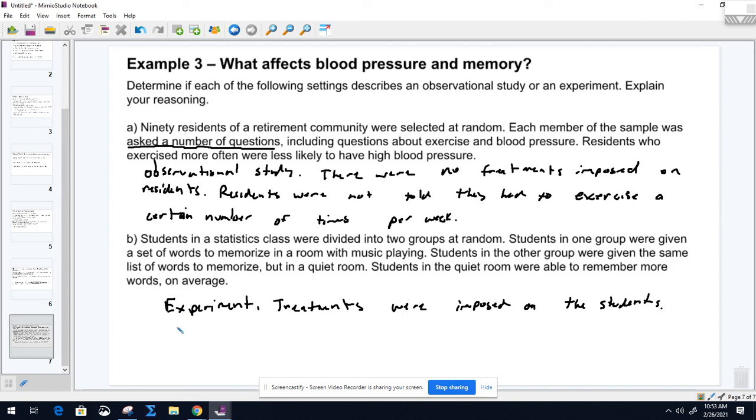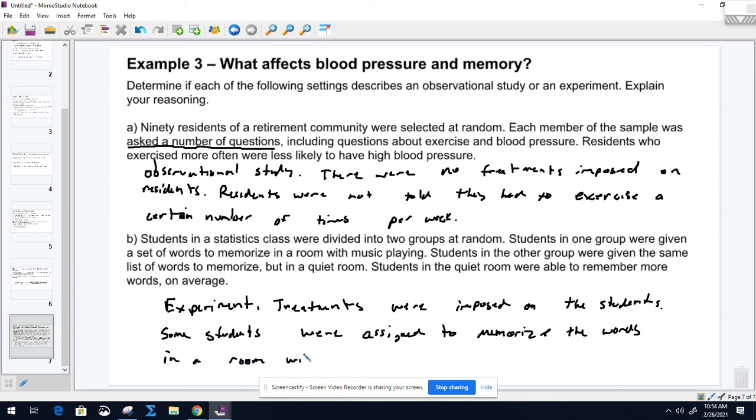Some students were assigned to memorize the words in a room with music. And the others were assigned to memorize in silence.